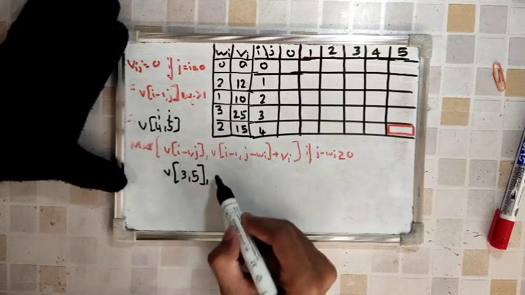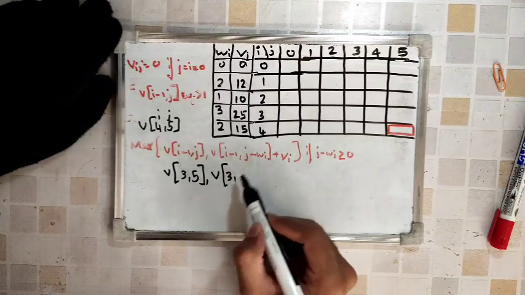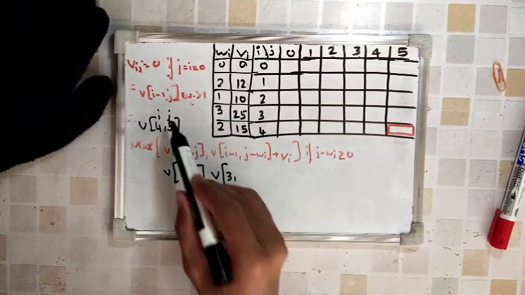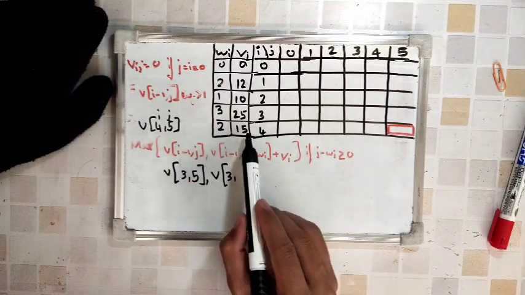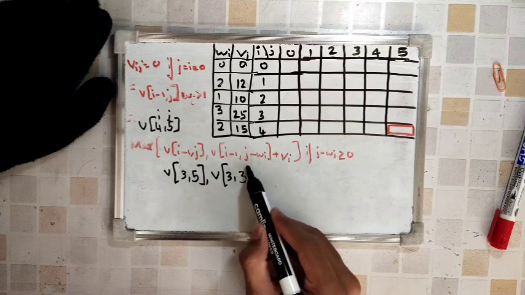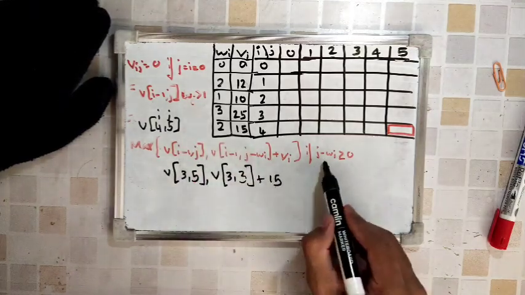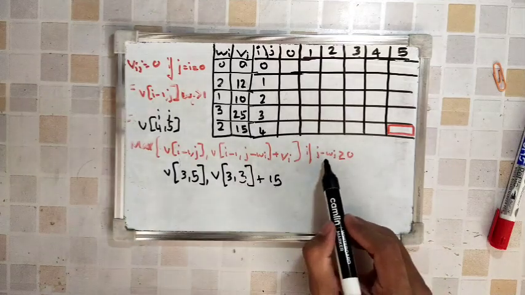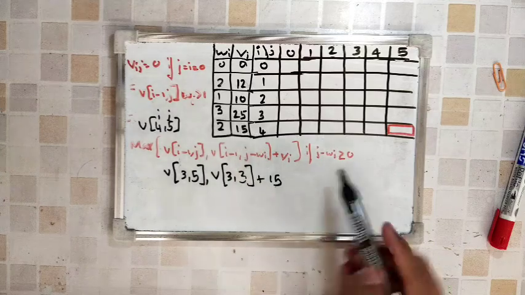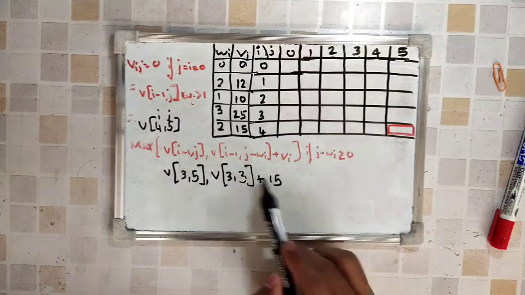Either I select this value, or I select v of i minus 1, that is 3, comma j minus wi. j is 5 and wi is 2, so 5 minus 2 is 3, plus the profit of this place, 15. I took this formula because j minus wi is greater than or equal to 0. 3 is greater than or equal to 0.